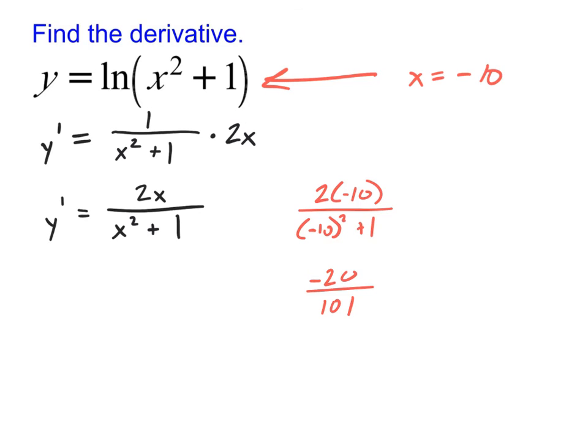Does that work in here as well? If I plug -10 into the original function, do I get an answer? I want you thinking that through. Really, think that through. Will you get an answer? Exactly. Yes, we will, but only because I'd be doing the -10 squared.